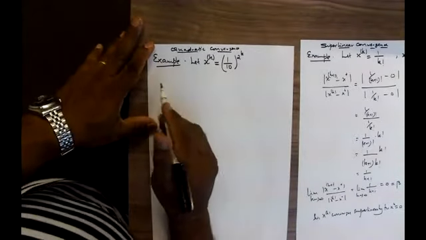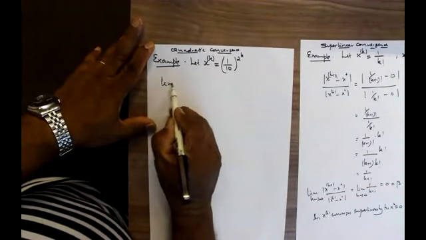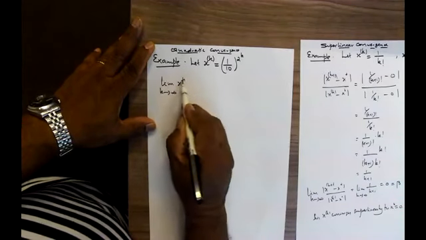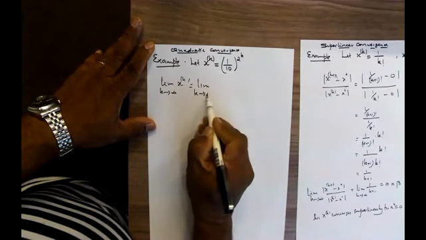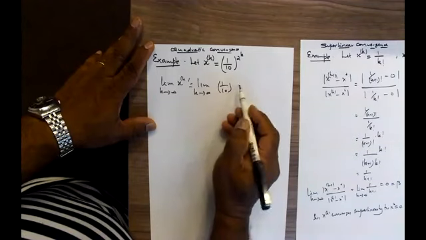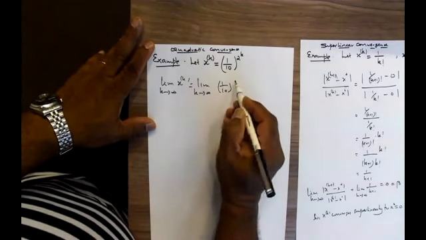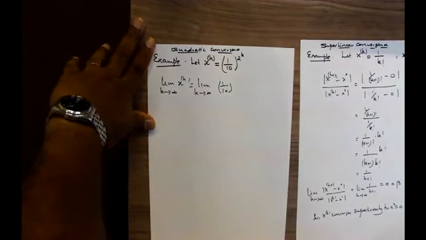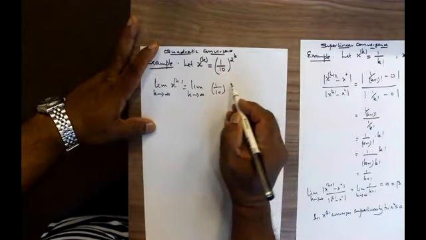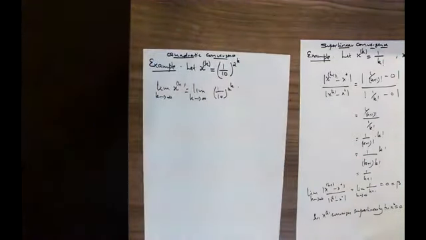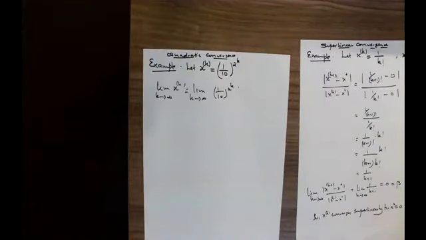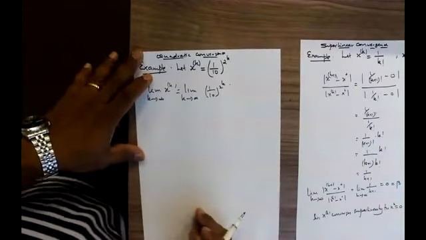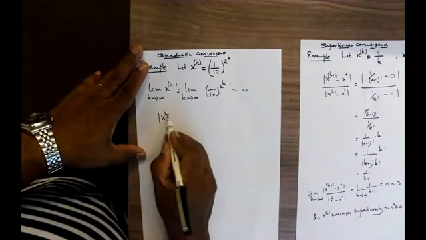Again, as k goes to infinity, what happens? Again, it goes to 0, right? The limit is 0.